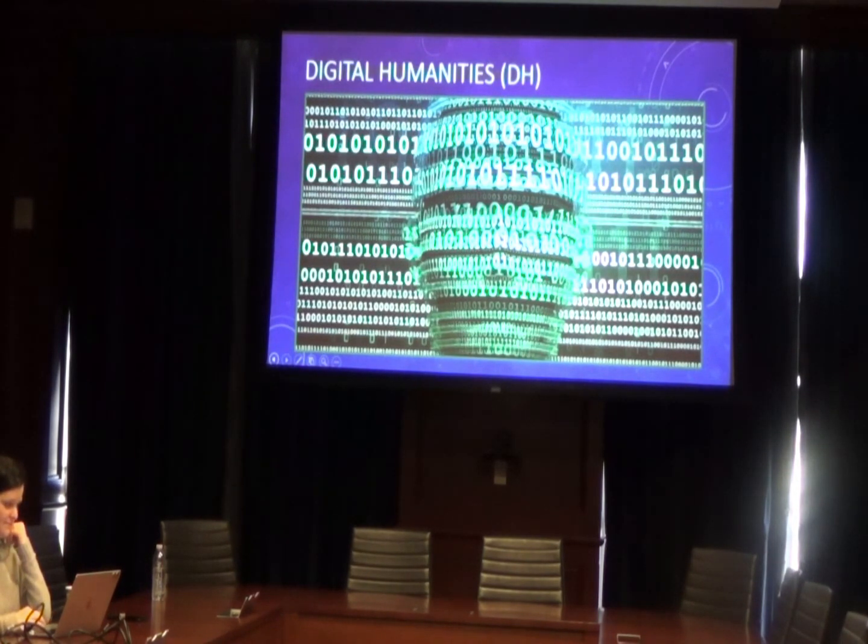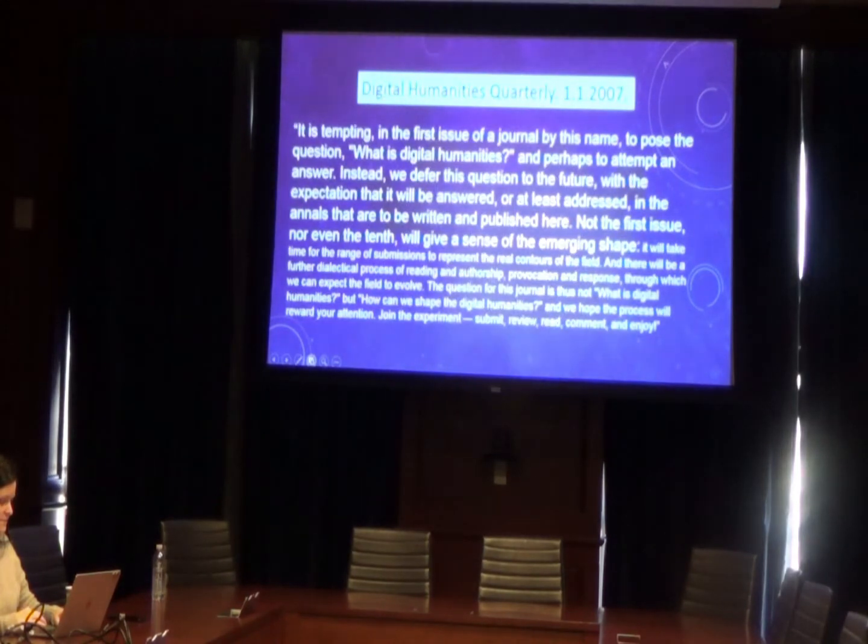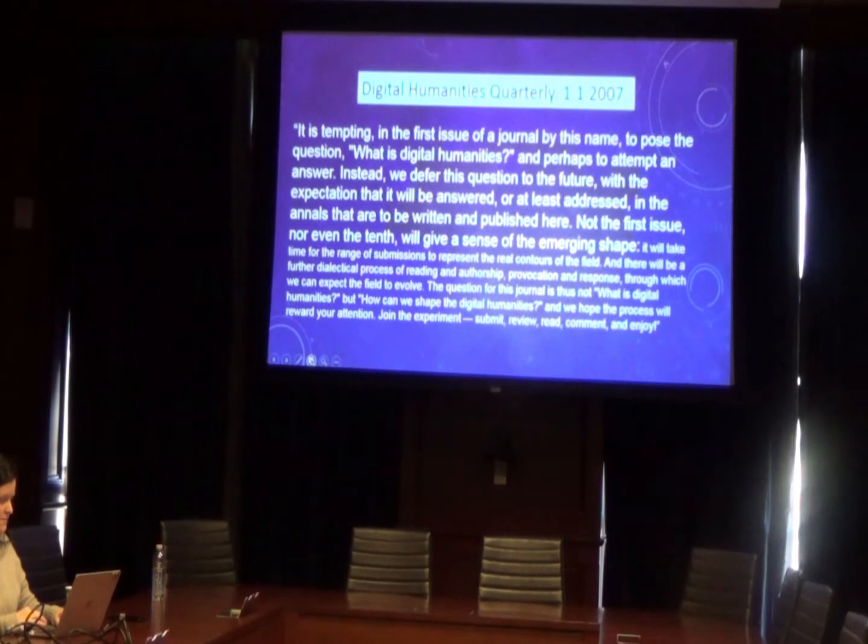And I think there's a lot of excitement about it. There's a lot of sense that this is something that is going to make everything different somehow, right? If we look at the first issue of Digital Humanities Quarterly, part of their mission statement said: it is tempting in this first issue to pose the question, what is digital humanities?